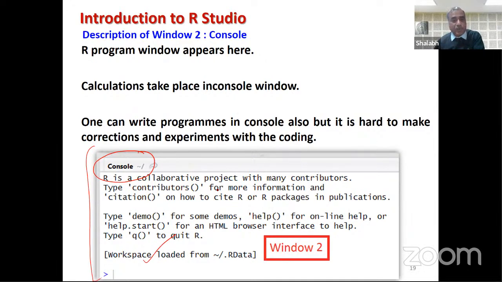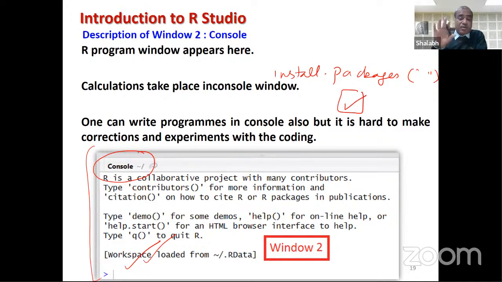For example, when I come to window number 4, I will show you that when you install any package directly on the R software, you have to go to the R console and write the command install dot packages, and then write down the name of the package that you want to install. But when you are working in the RStudio software, you simply have to make a check mark inside the box like this, and it will be done.